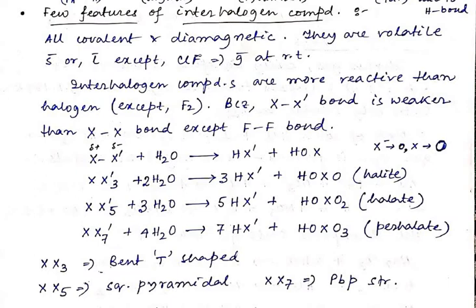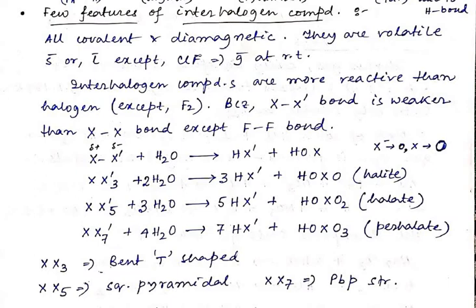So for that reason the interhalogen compounds are more reactive than the halogens, because in interhalogen compounds there is a difference in electronegativity, so there is ionic separation, and for that reason they are more reactive than simple halogens like chlorine, bromine or iodine.